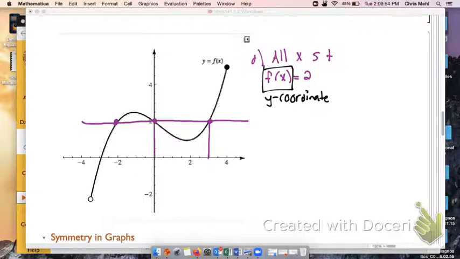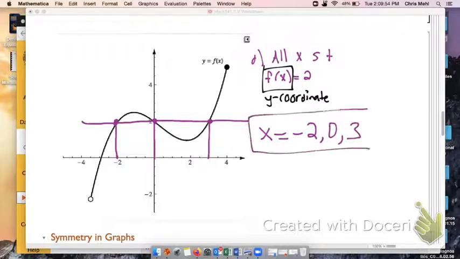If we go straight down to the x-axis from these points, those 3 points have the x-coordinates of -2, 0, and 3. So if I plug -2, 0, or 3 into the function, the graph tells me that the y-coordinate has to be positive 2.